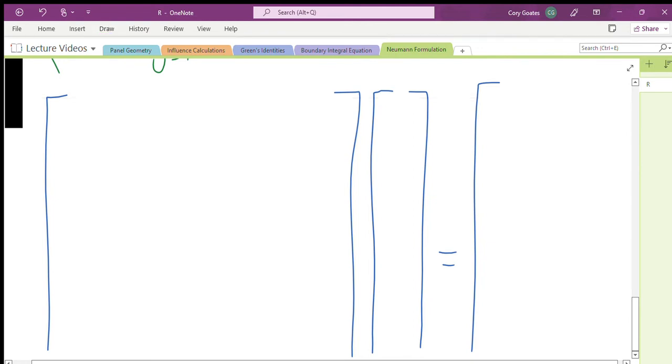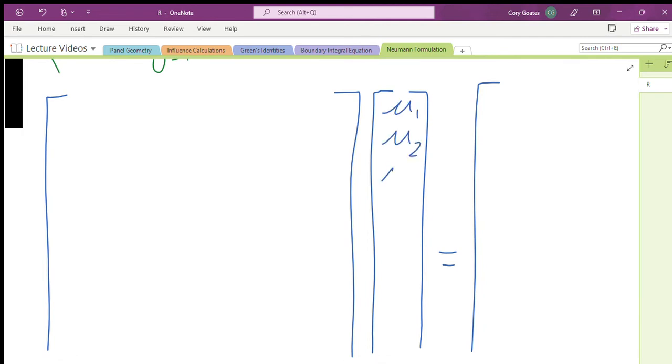So for my first equation, where I'm enforcing zero normal flow on panel 1, my unknowns here are mu1, mu2, mu3, all the way down to mu n. Those are all of my unknowns.